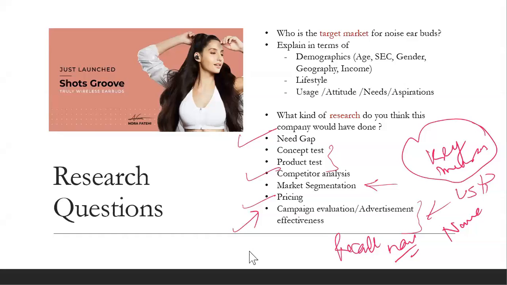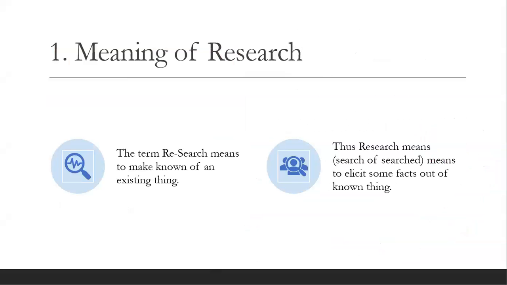Okay, so coming to our topic, the meaning of research. The term research means to make known an existing thing. You already know these things, but you try to figure out what the other things are. You try to better your findings.